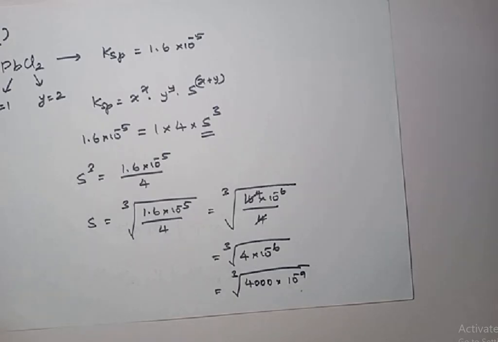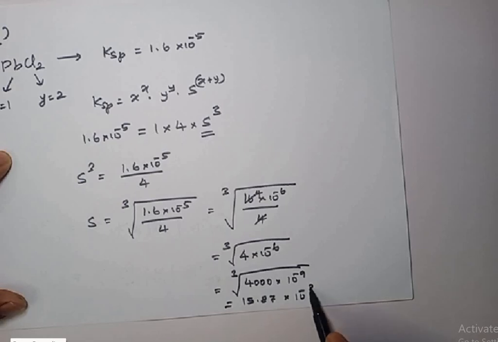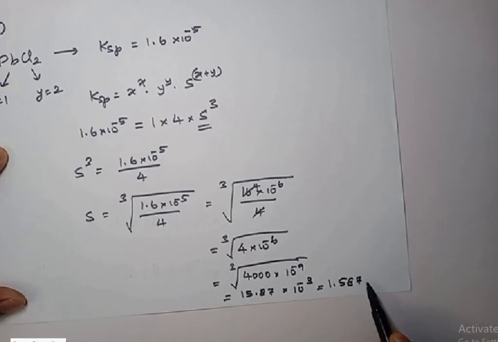Yeah, so cube root of 4000 is 15.87, and cube root of 10 power minus 9 is 10 power minus 3. Okay, so I can write it in this form, 1.587 into 10 to the power minus 2 molarity.